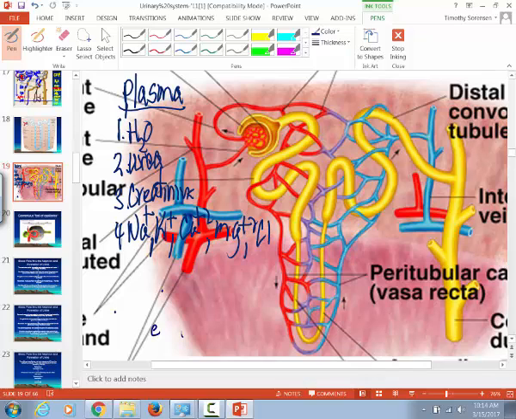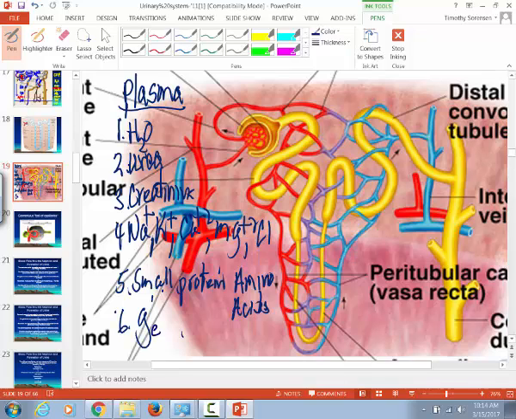So the electrolytes. Now, there are also some small proteins that can actually fit through the little spaghetti strainer. And some amino acids, too. And then there's glucose, yes.